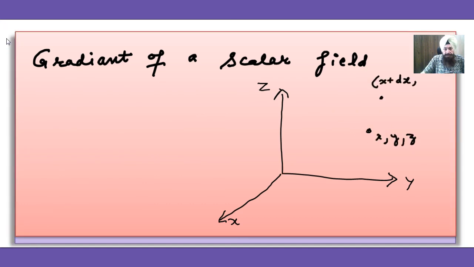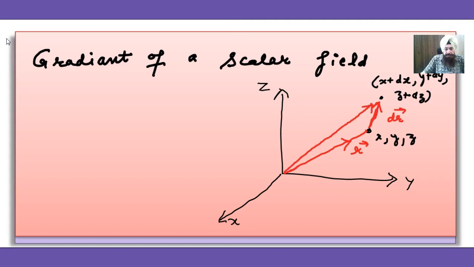Now what is the gradient of a scalar field? We have a coordinate system, Cartesian coordinates. The YZ plane, like our writing pad, is in the YZ plane, and the X-axis is perpendicular to the plane.